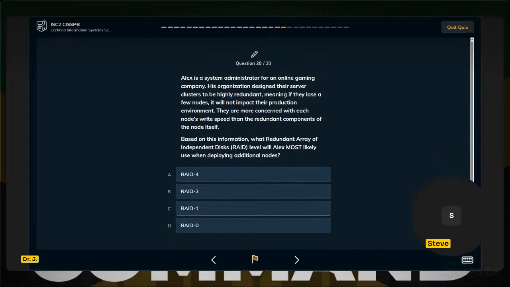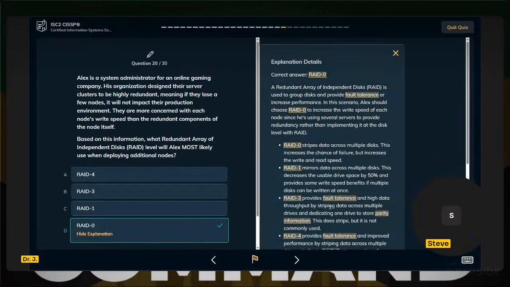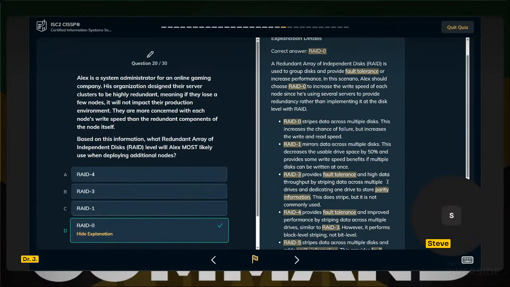But three and four are rarely ever used. They use 10 and they use 5. That's why I don't think it's three or four. I would go with D, RAID 0, if you're looking at speed as the primary concern. Yeah, I'll say C. Oh, C, D. Right.